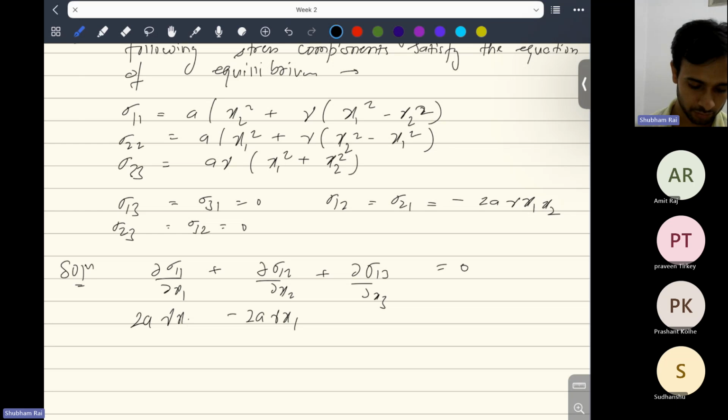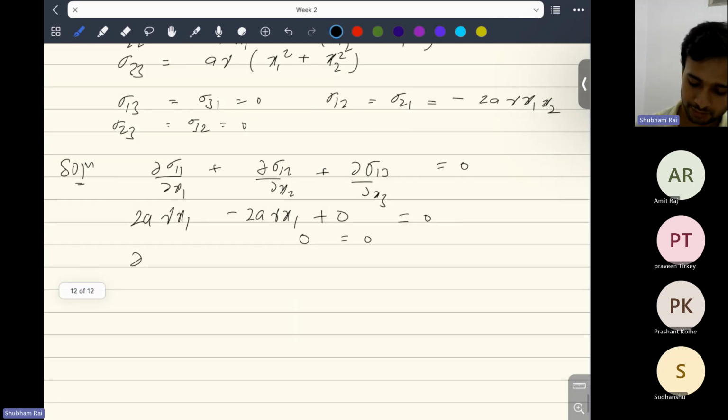And obviously these both will cancel out and that will lead to 0. So 0 will be equal to 0. You can just differentiate sigma 1 1 with respect to x1. So that will be 2A nu x1 and sigma 1 2 with respect to x2 will be minus of 2A nu x1. So first equilibrium equation is satisfied.